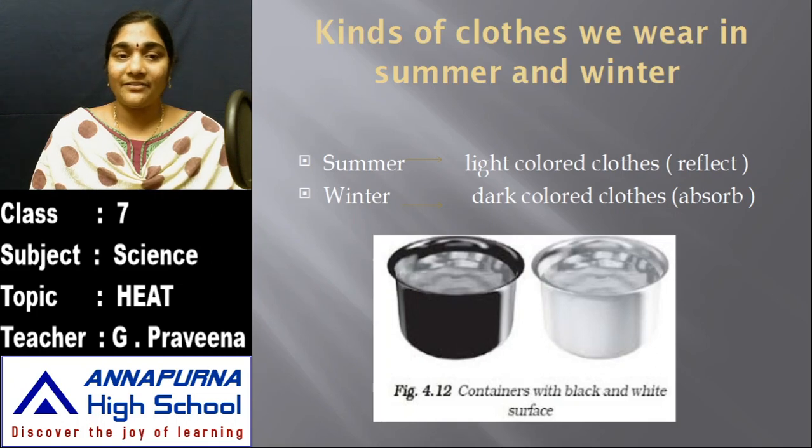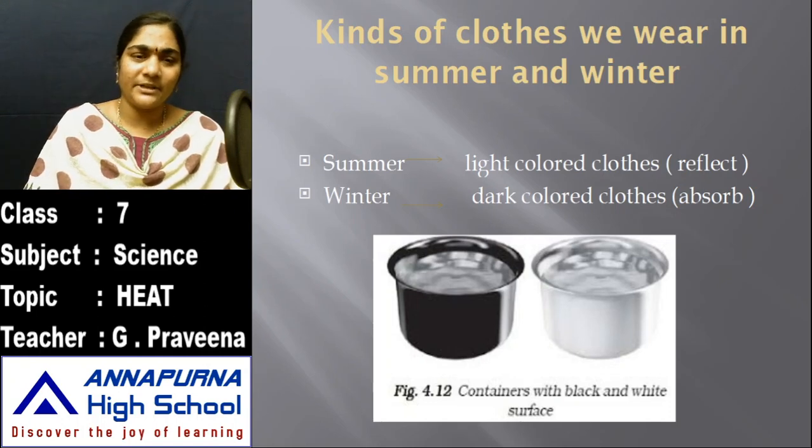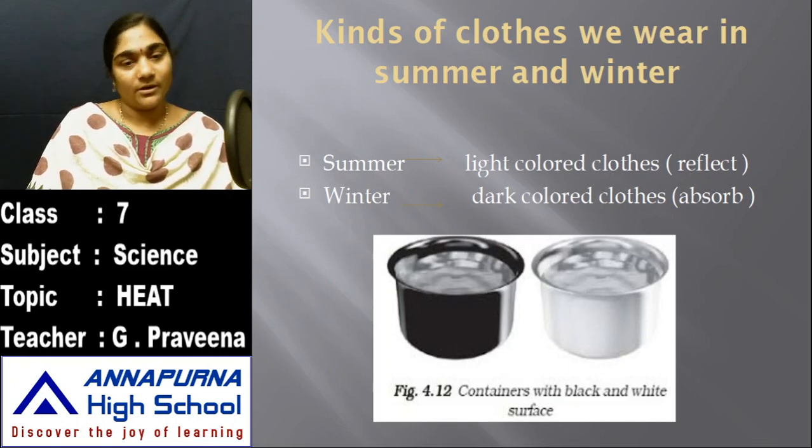Both of them will have an equal temperature. Now place these two containers in some cold place, inside the house, and after 15 to 20 minutes test the temperature to see which of the two containers still retains the heat of the water.